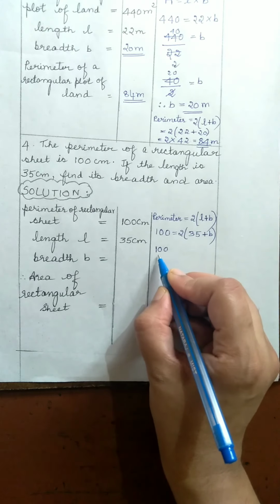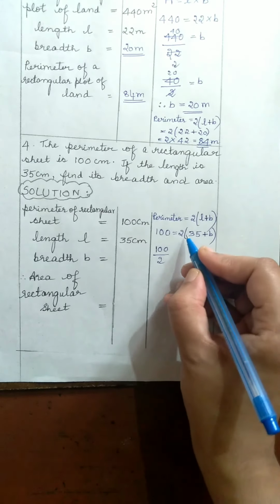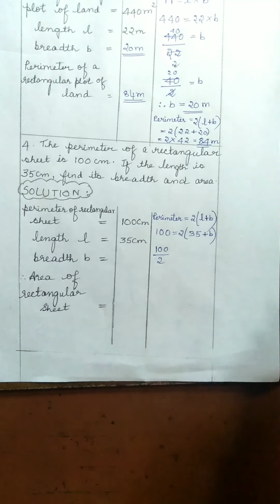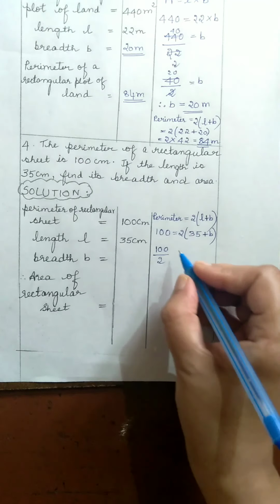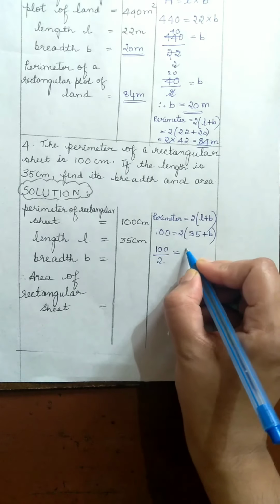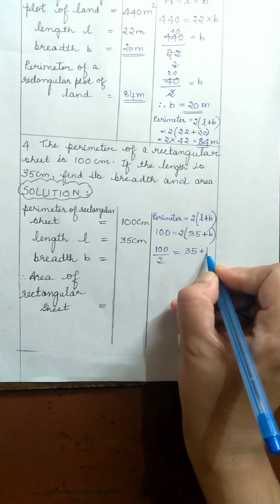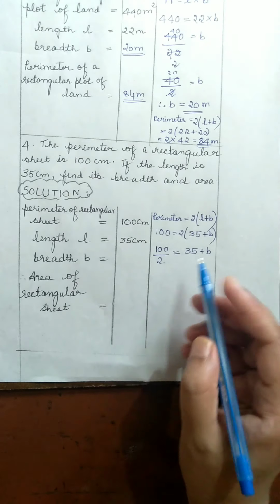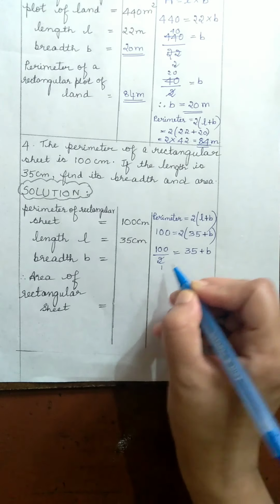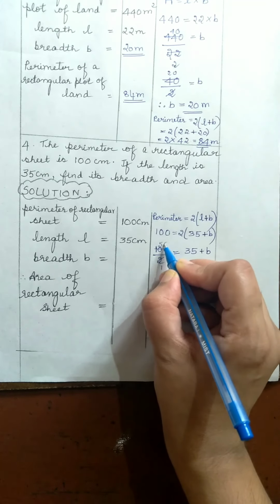Therefore, it will be divided by 2, since we have multiplication 2 into 35 plus B. Therefore, 100 by 2 is equal to 35 plus B. Now when we simplify 100 by 2, children, 2 1s are 2, 2 5s are 10, and write the 0.